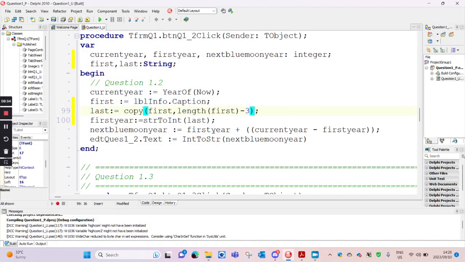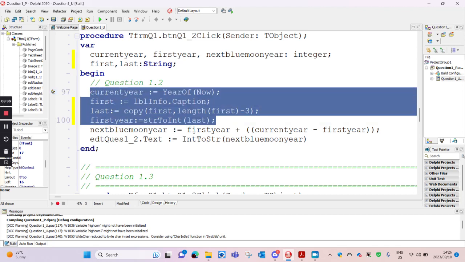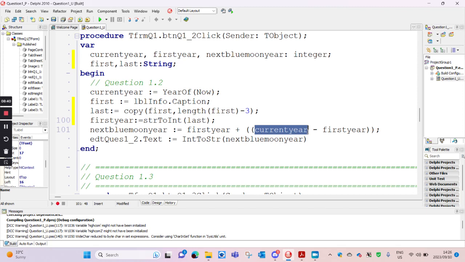Alright, but let's see. So that part worked fine. Let's see what we did here now. This person said the current year, subtract the first year, and then he added the first year again, and then he displayed it. Will this work? What do you guys think?